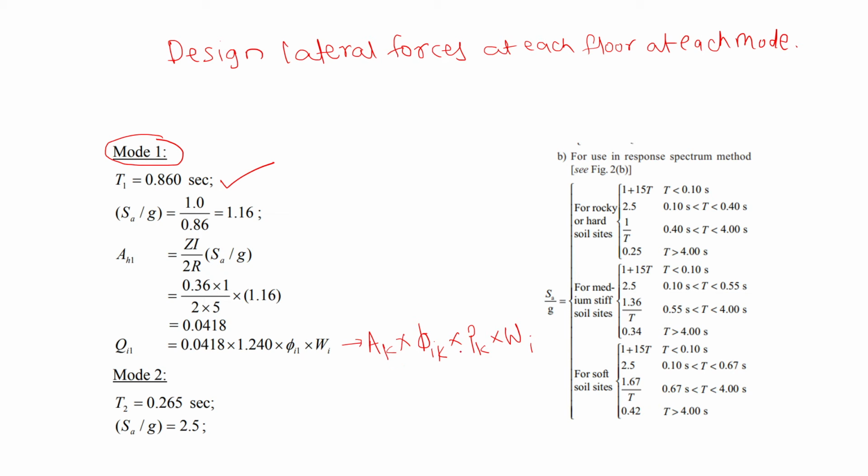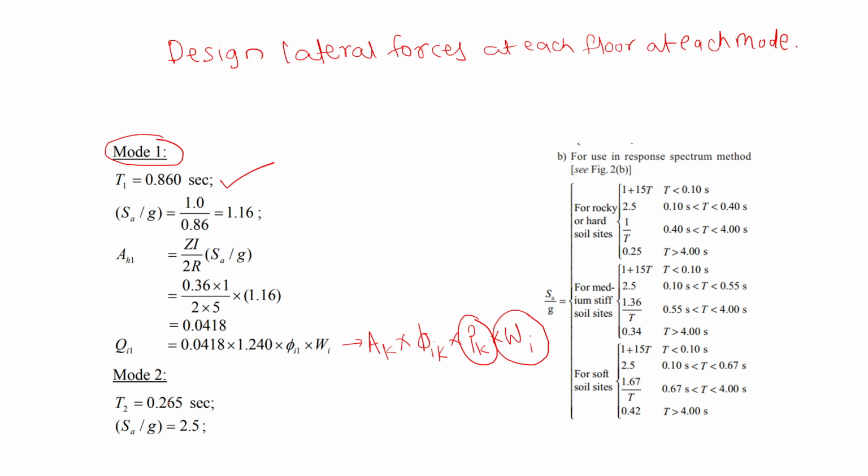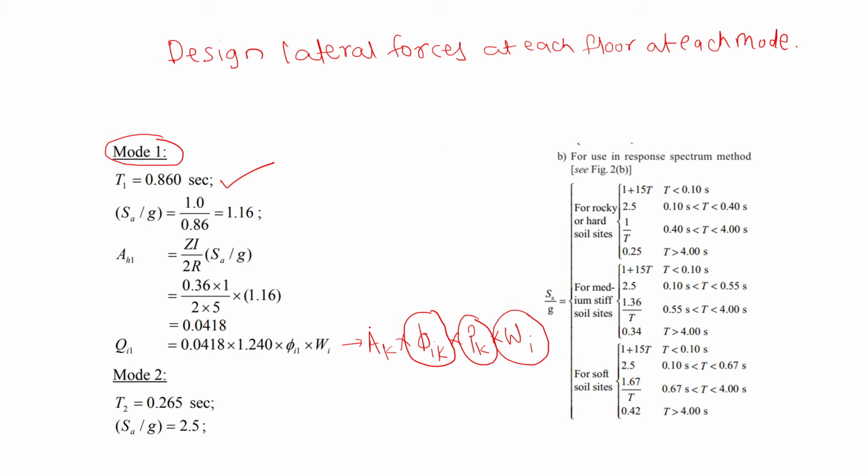If you have paid attention, you will know this value we know, that means weight of the floor. This value we have just calculated in this table, that is PK. Phi ik means the values for the mode 1, these are the values. So only thing remaining is AK, whose formula is given here.